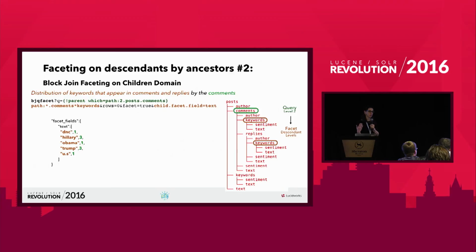And the syntax, because in the previous section we looked at block join queries, we see the block join parent part, where we specify the parent, then we specify the query, and we say facet it true, and here are our results. The only thing to know is that instead of the query request handler, we are using the BJQ facet request handler, which we just turned on in the Solr config XML.